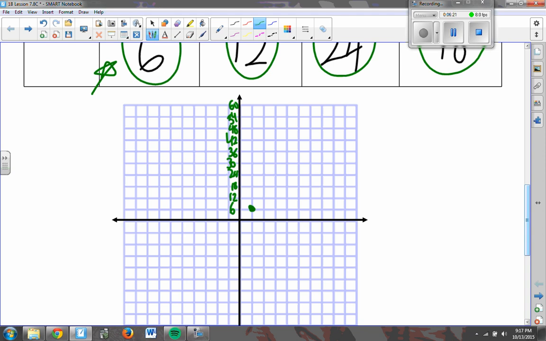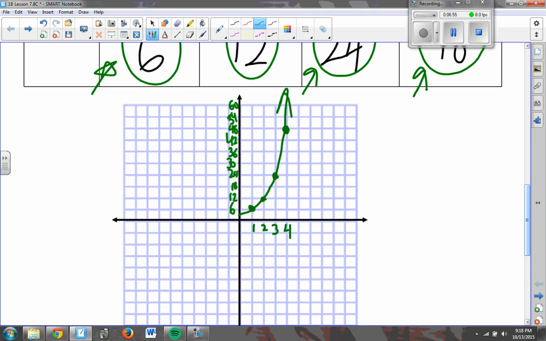When my x value is 2, my y value was 12, so that's going to be right there. Then 3, my y value was 24, so I'm going to go to 3 in the x and 24 in the y. And then finally I'm going to go to 4 in the x and 48 in the y, which is all the way up here.